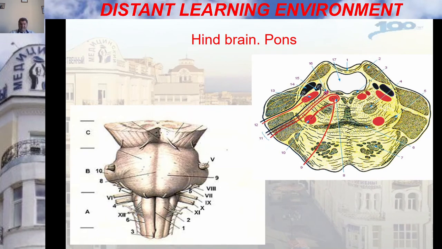Pars dorsalis contains the reticular formation of the pons, which is a continuation of the similar part of the medulla oblongata. Above the reticular formation is the floor of the rhomboid fossa, lined with the ependyma.